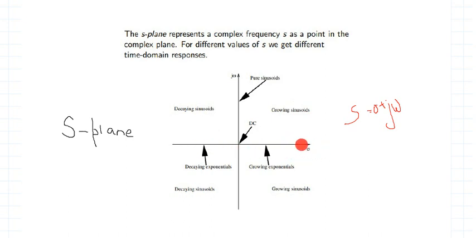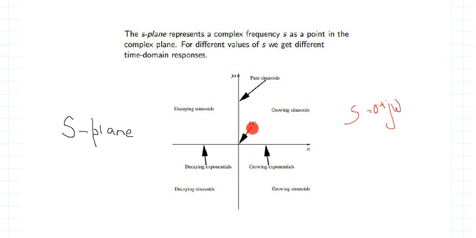So when omega is 0, we are on the sigma axis, and depending on the sigma values, you had either a growing exponential signal or a decreasing exponential. Positive values of sigma resulted in growing sinusoids, and negative values of sigma resulted in decaying sinusoids, is it not? And when we are on the j omega axis, it means that sigma is 0. So when sigma is 0, what do you get?